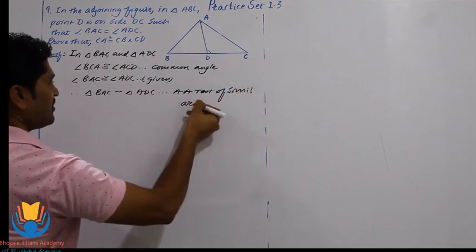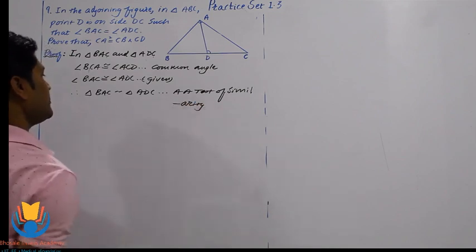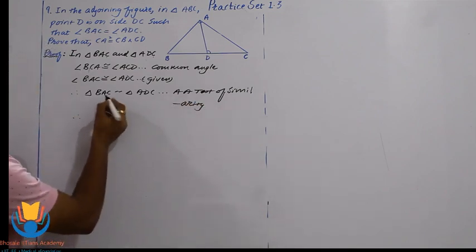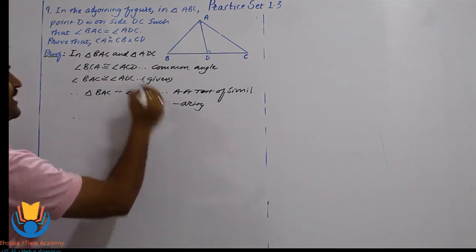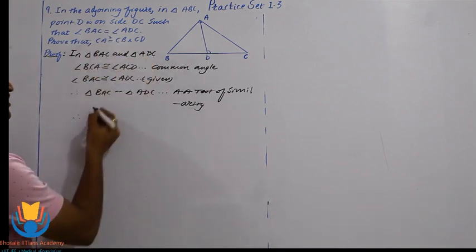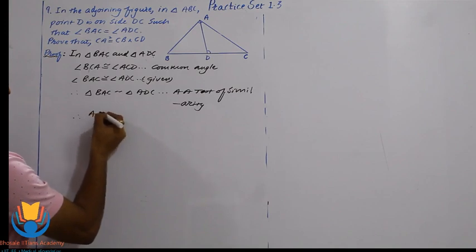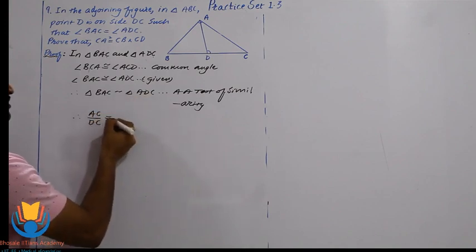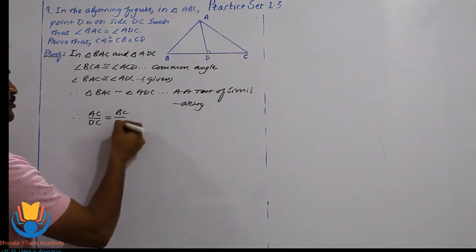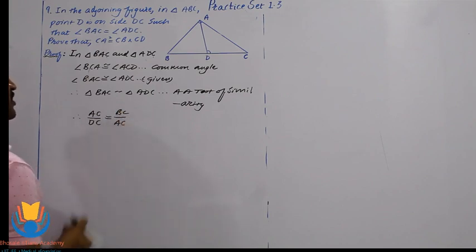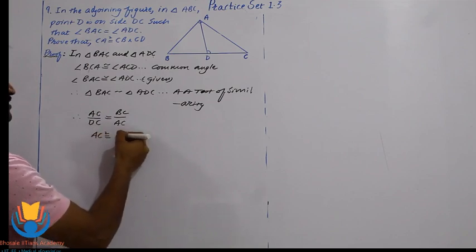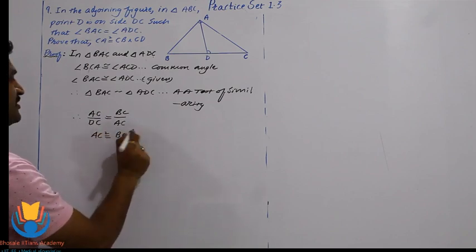And again, if the triangles are similar, their corresponding sides are in proportion. So here BA and AD are not required in this, so we will skip it. We will take the ratio of the second side and again the second side, that is equal to BC upon AC. So let's do the cross multiplication. So AC into AC is AC square, and this is BC into DC or DC into BC.